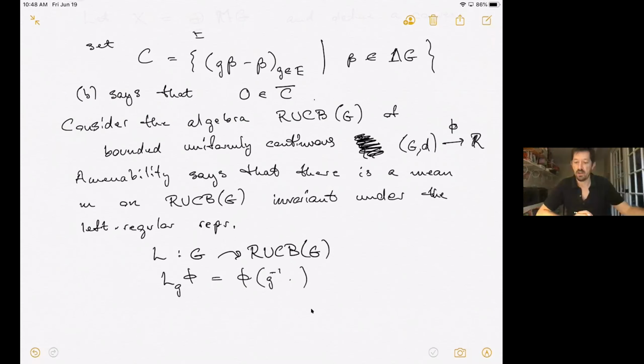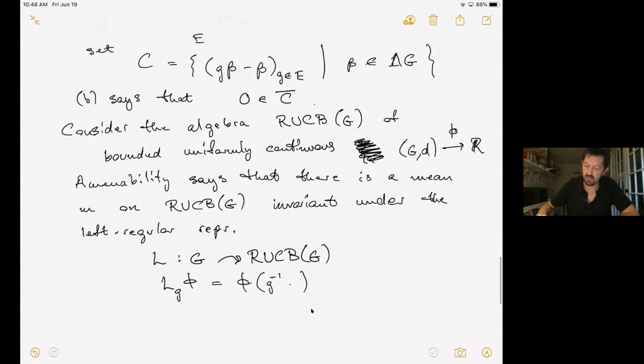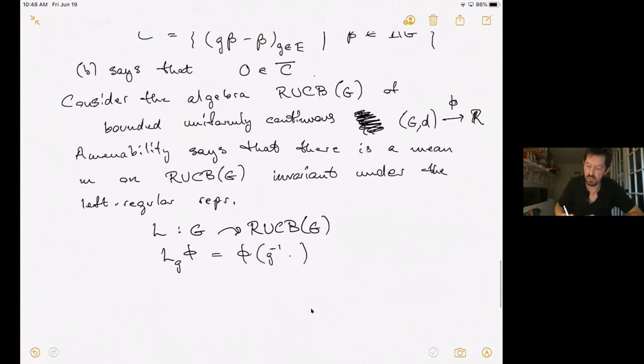Okay. So my goal is to show that this set C here contains the point 0. And I'll use the left regular representation in my mean here. And so now the argument becomes extremely simple. Well, what happens if 0 does not belong to a closed convex set?